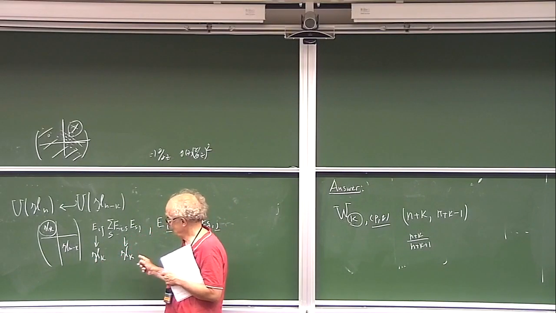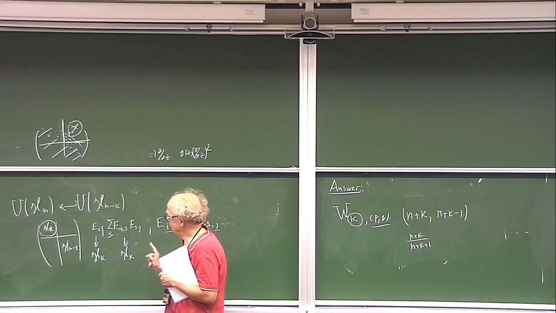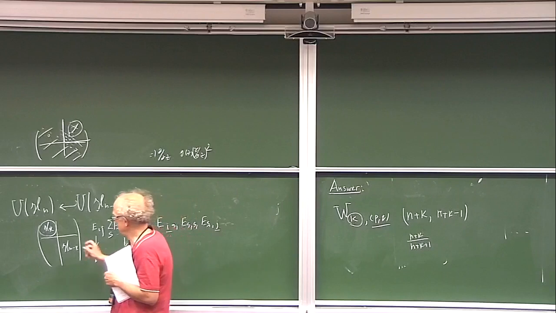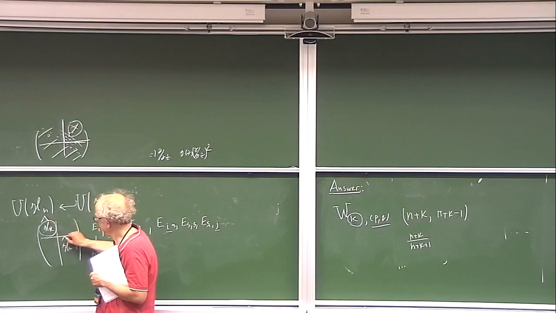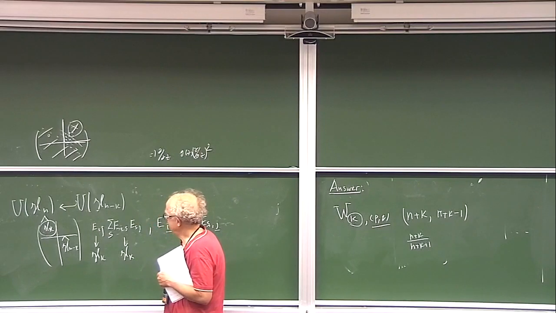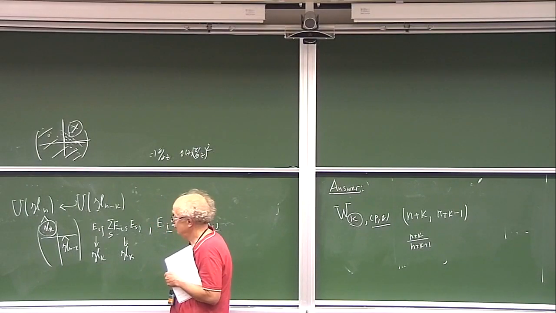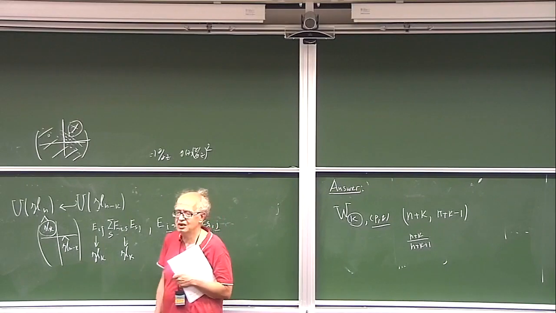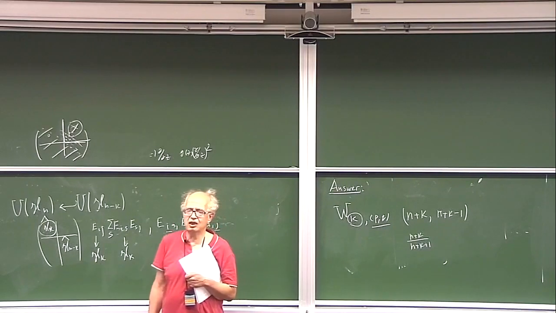Anyway, what we are talking about now is the affinization of this construction. We can put caps here and here and ask what it gives us, and it will also be some interesting algebra.